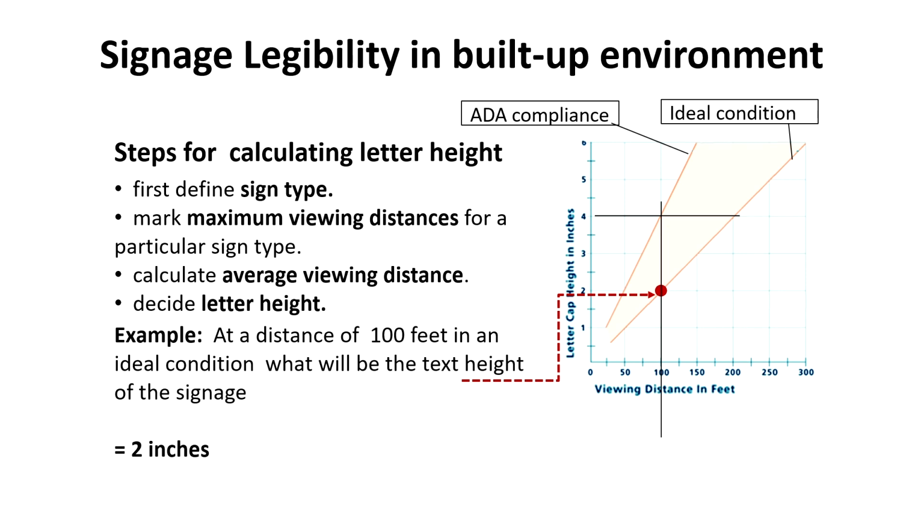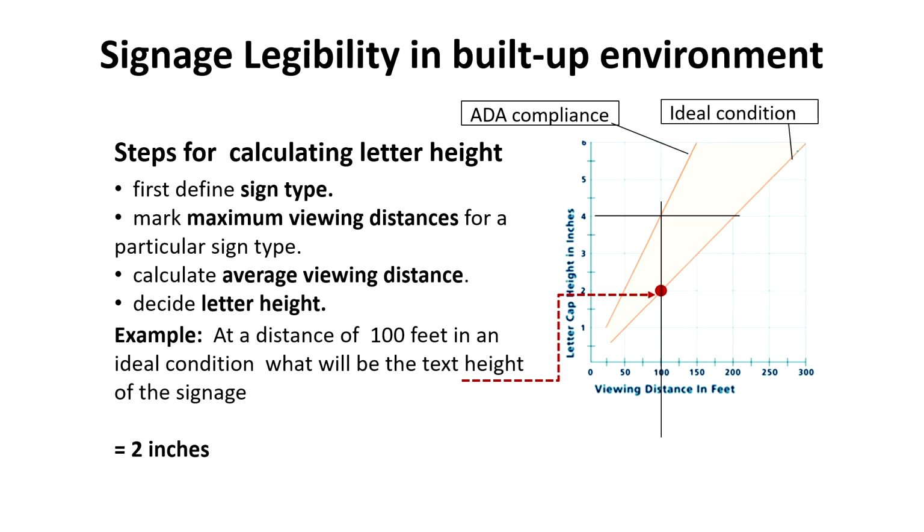These classifications are essential, as different signage serves various purposes and is viewed from different distances. Once the sign type is determined, the maximum viewing distance for the specific sign type is identified. Using data from a standard graph developed by Paul Arthur in 1970, the viewing distance was calculated.